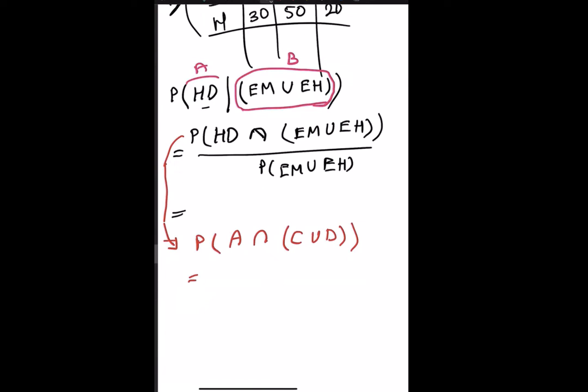We had that in, I believe, the second video or third video. How do you write this? A intersection C, and then union A intersection D.